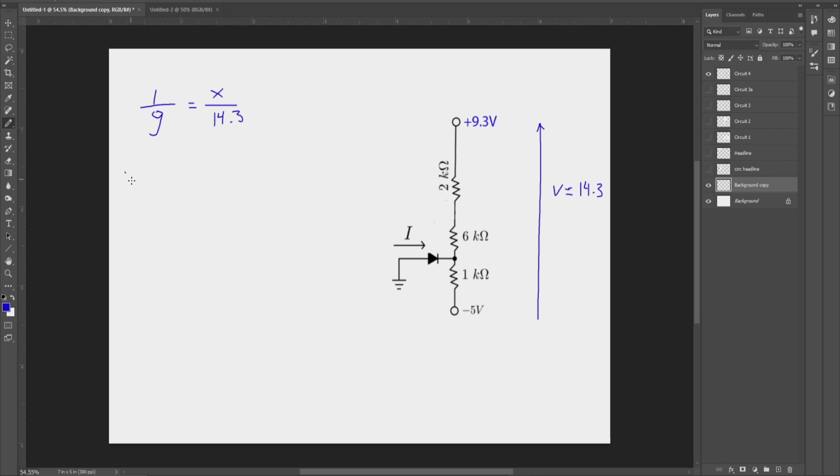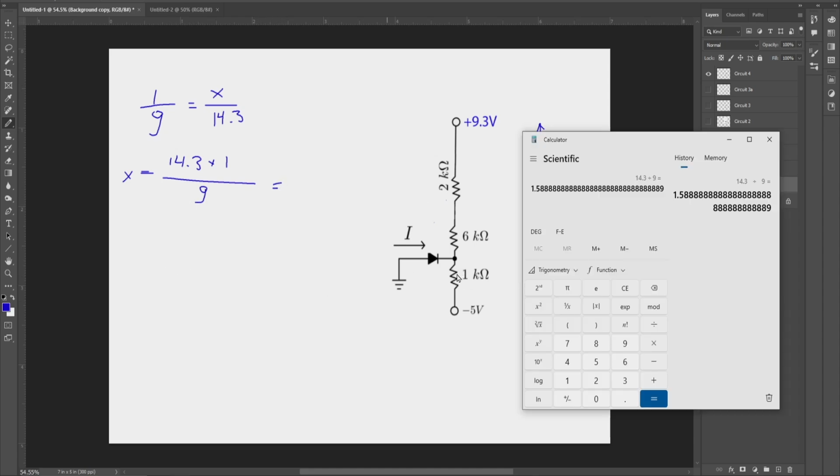What's the X? X equals 14.3 times 1, multiplied diagonally and divided by what's left. Divided by 9. What do we get? 1.6 volts of a voltage drop across this resistor.